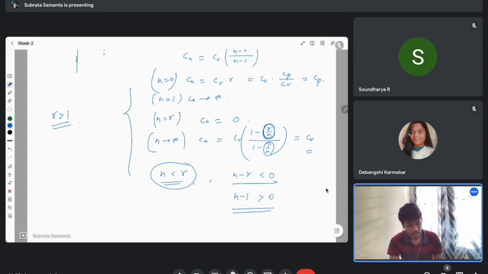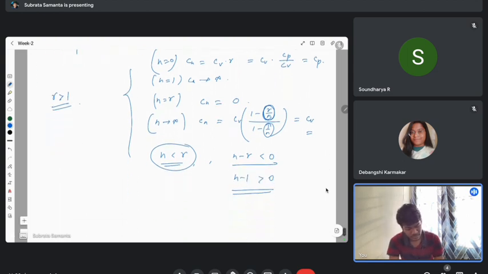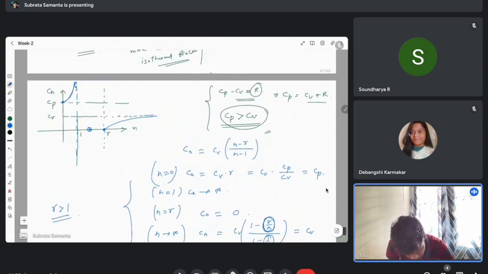So for any point in between, Cn is negative. If we plot for various values of n, we get this kind of curve.